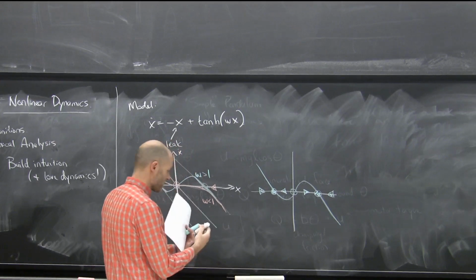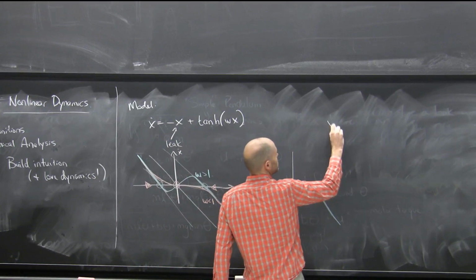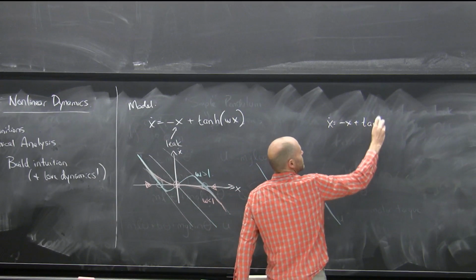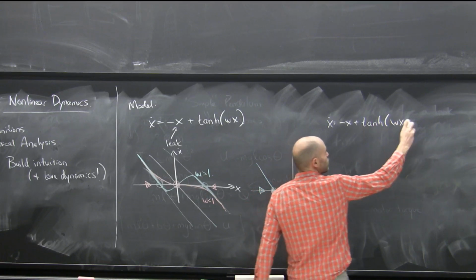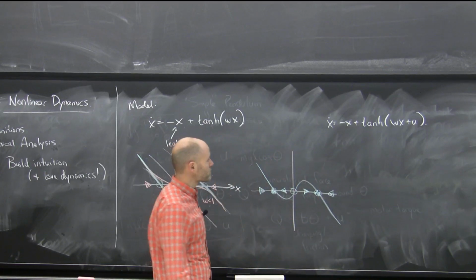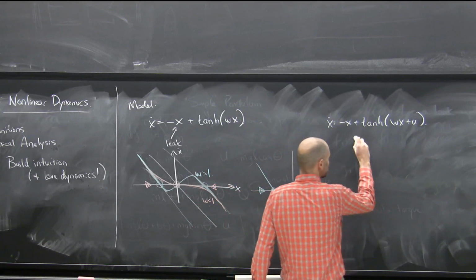To make it a little bit more interesting, you could add an input. So let's say the experimenter has a probe and hits it with a little extra input, or there's someone else in the network that talks to it just for a moment here.